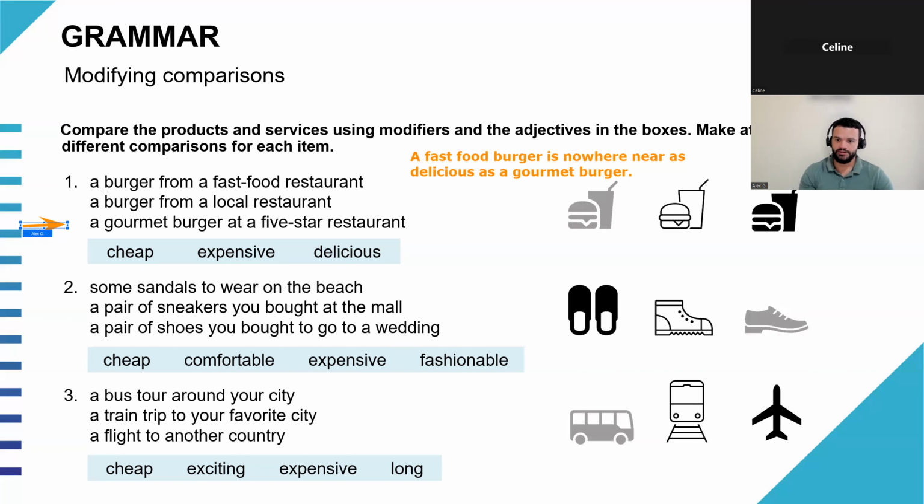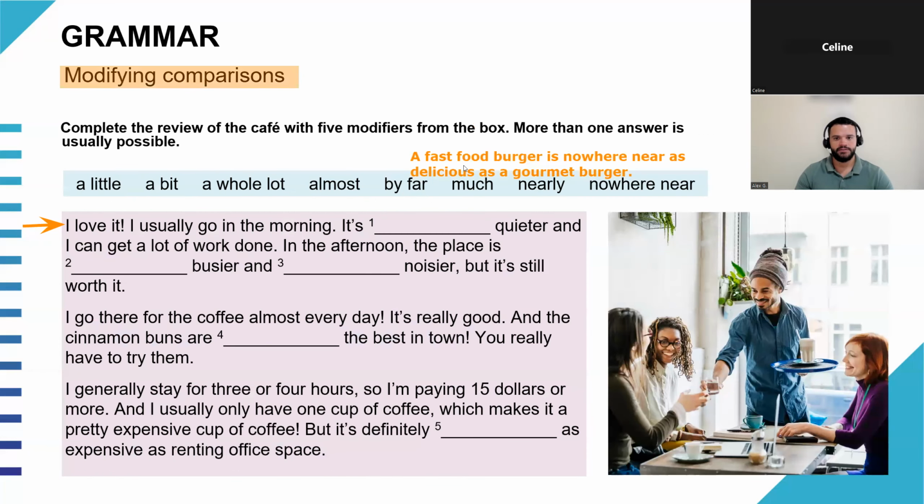All right, I'm going to put it here in the chat. So look at the chat. You remember that you have to use the modifying comparisons, okay? So when we use the modifying comparisons, you have to use one of the expressions that we had here. So you have to use a little bit, a whole, almost.